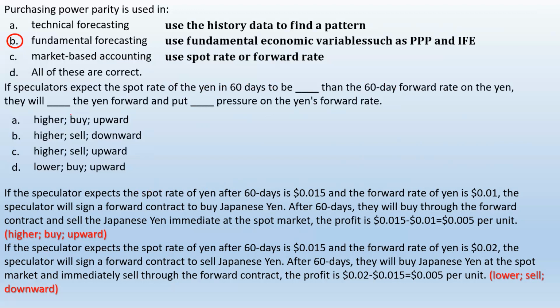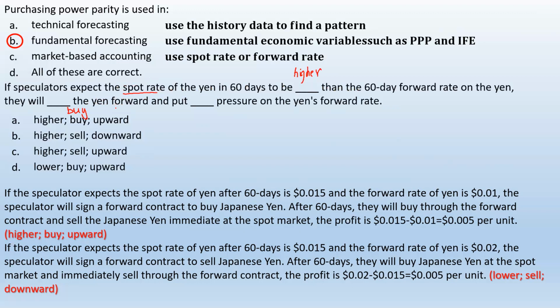So let's focus on higher first because the ABC are all higher. If the spot rate is higher than the forward rate, in this case, they will buy Japanese yen forward contract because the forward rate is lower.